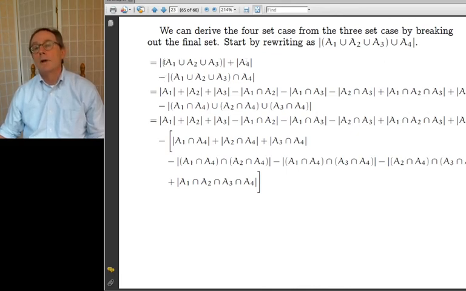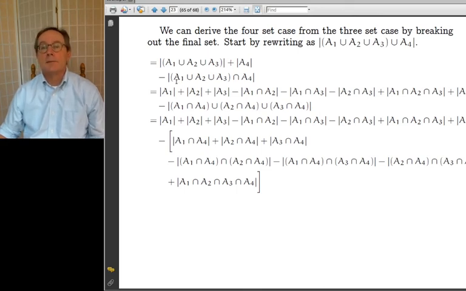And now we know how to count the number of things in the first. It is add the singles, subtract the doubles, add the triples. And now I'm subtracting away the size of this intersection. De Morgan's law gives you that the intersection, it's getting so complicated, but it works out.